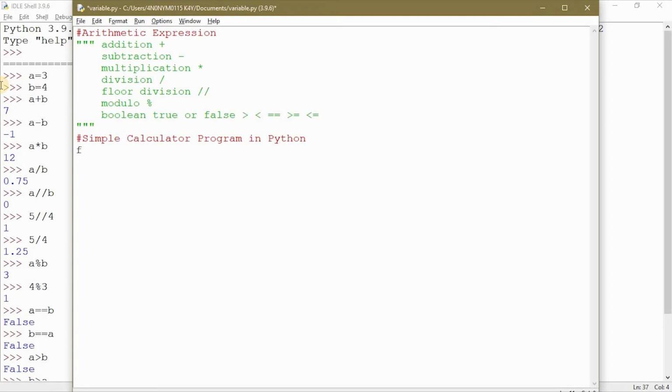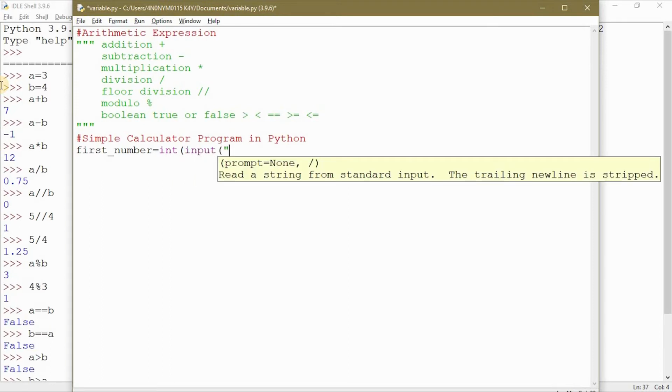Let me say first number. Don't forget your int first because it's an integer. Int, input. Don't forget to put the prompt in a string: Enter your first number.